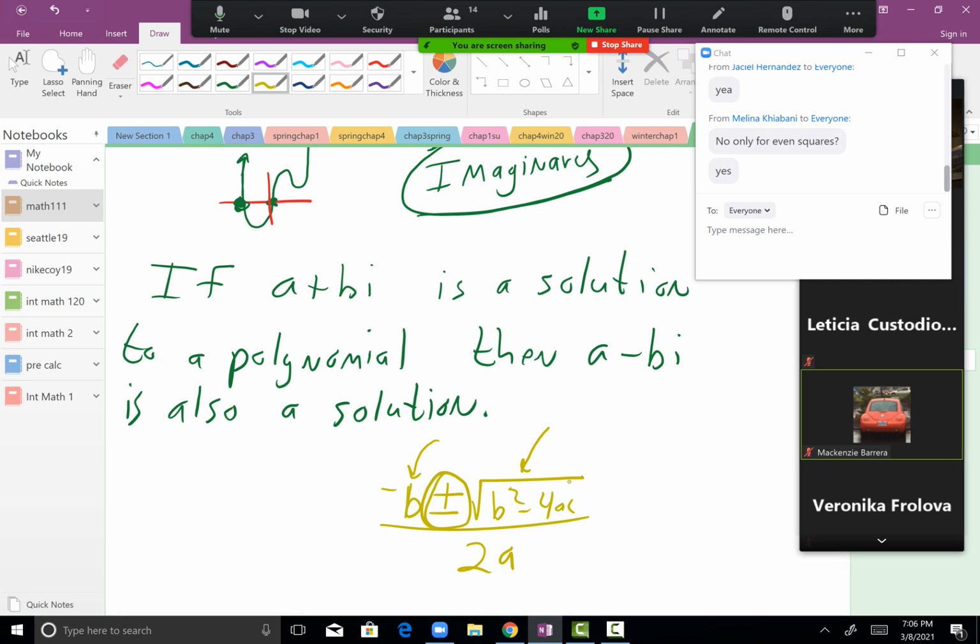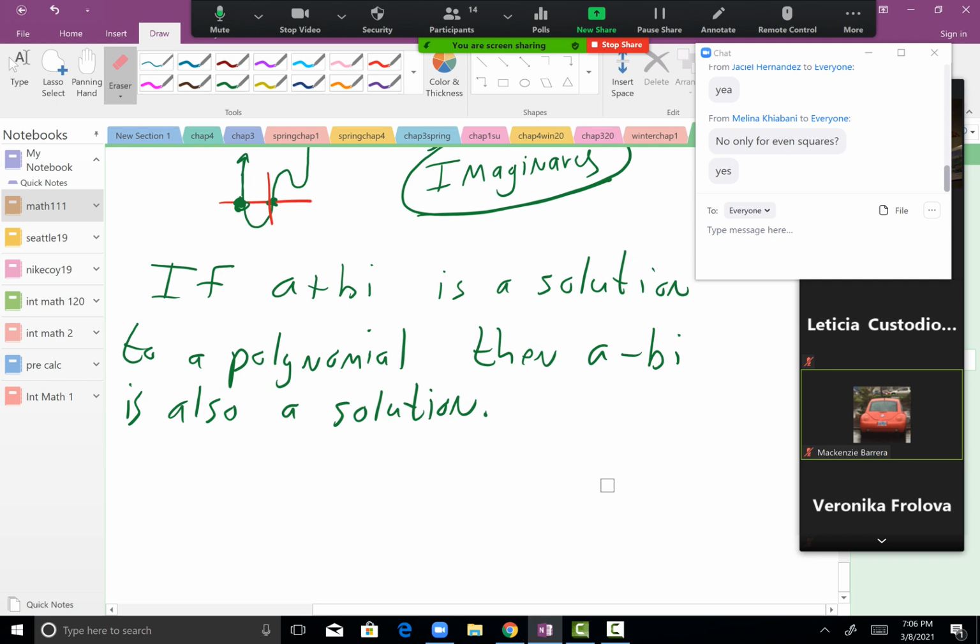Okay? Whereas your i term comes out. So, yeah, plus or minus. So that's where this comes from. So if one imaginary solution is 1 plus 2i, then you know that the other one has got to be 1 minus 2i. So that is kind of the whole fundamental theorem of algebra and how it plays out.